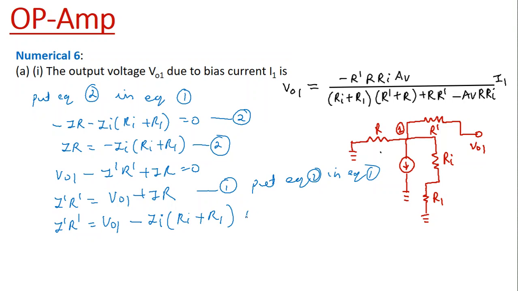Now in place of II, put II is equal to VO1 divided by AV Ri.